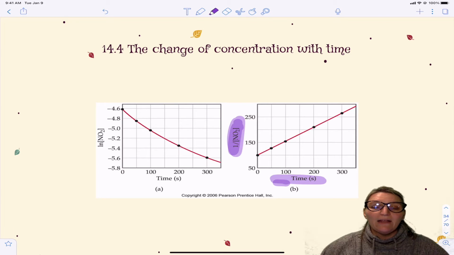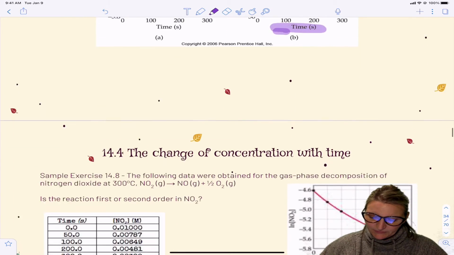We could look at a table of experiment 1, experiment 2, experiment 3, and see what happens to the rate as I increase the amount of reactants, or now I can graph data at different times, and if the natural log versus time is a straight line, it must be first order.